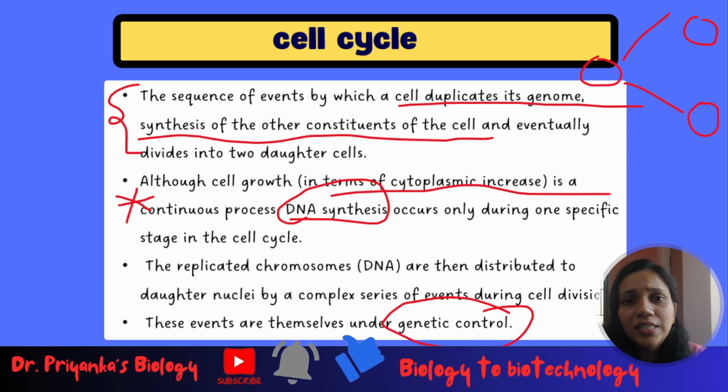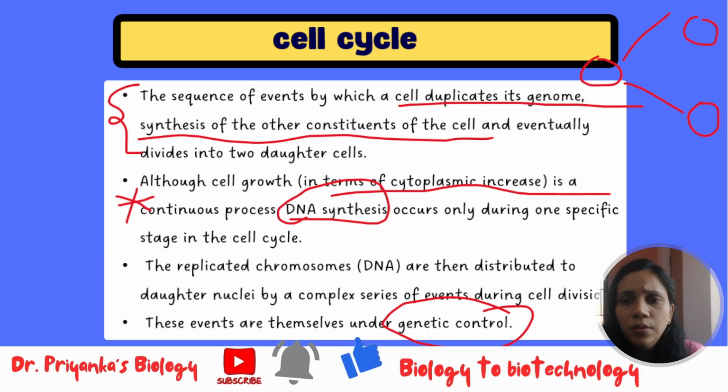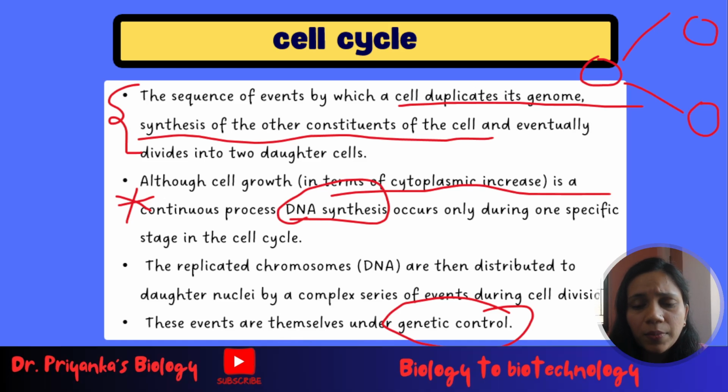That means the enzymes and proteins required, and the particular situation in the cell where the chromosomes are pulled towards the opposite poles or not, whether there is formation of metaphase, all these things we will see in upcoming slides or classes. If all these conditions are met, then only the cell cycle is going to proceed.